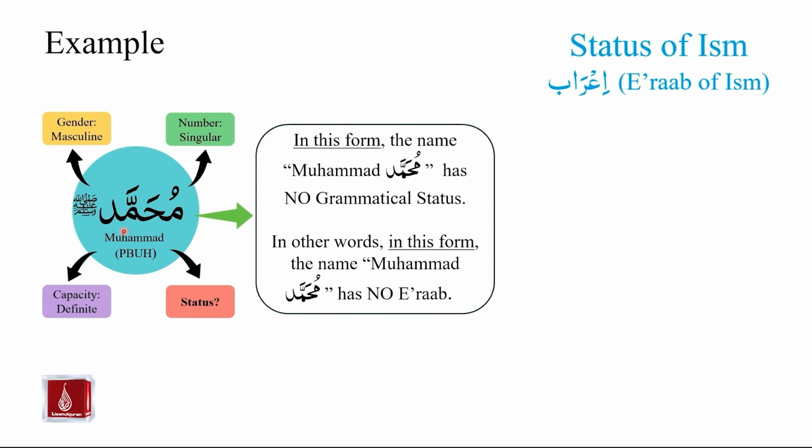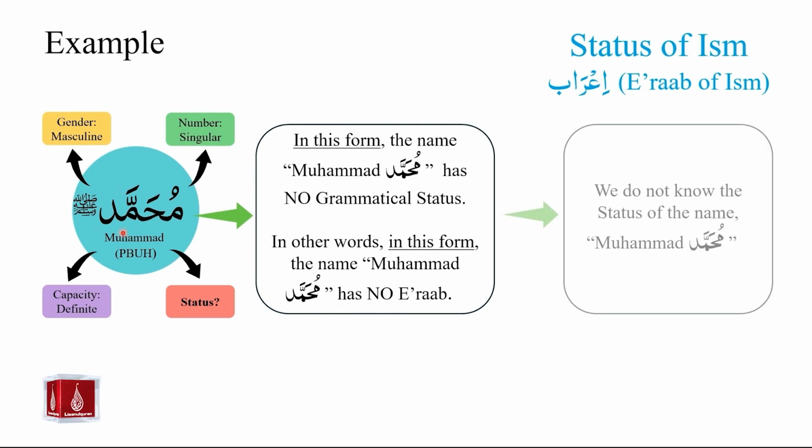In this particular form, ism Muhammad does not have any finishing touch at the end or no particular changes that we see towards the end of the ism. So we will conclude that in this particular form, we do not know the status of the ism Muhammad.